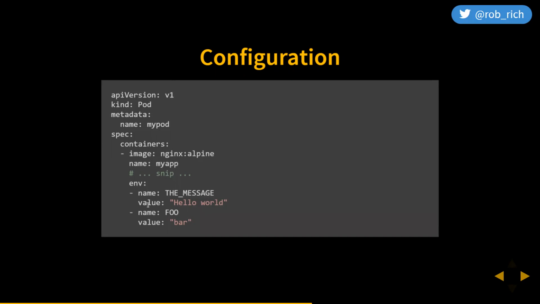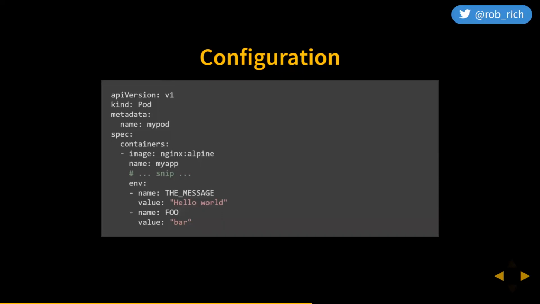Here's the name and here's the value. Now in a Docker compose file, we have name:value. In Kubernetes, we have name and we specify the name, and we have value and we specify the value. So in my application, I can just read into my environment and go grab these environment variables, and that'll give me the configuration.